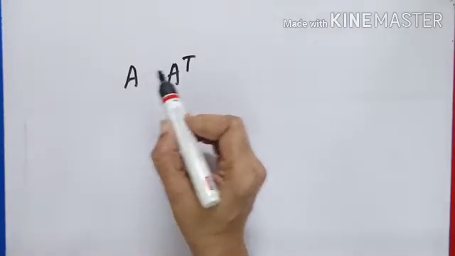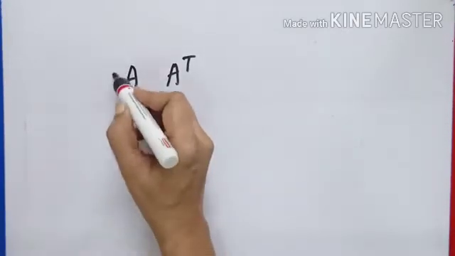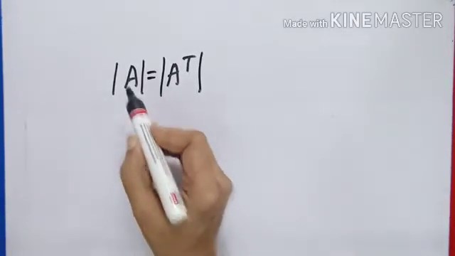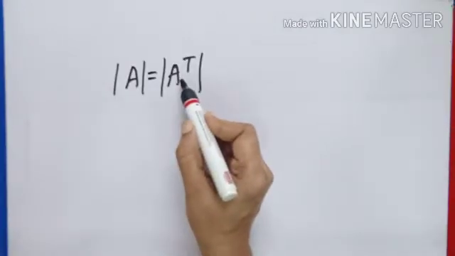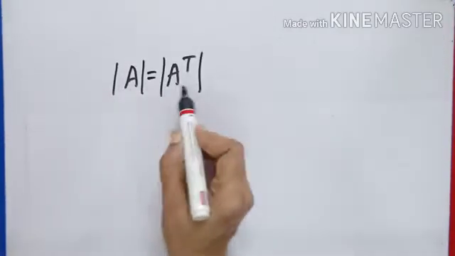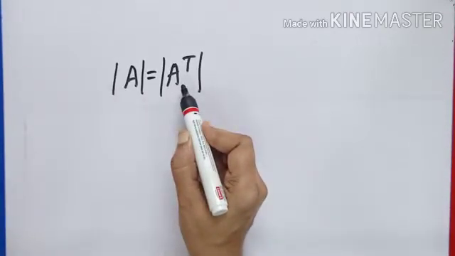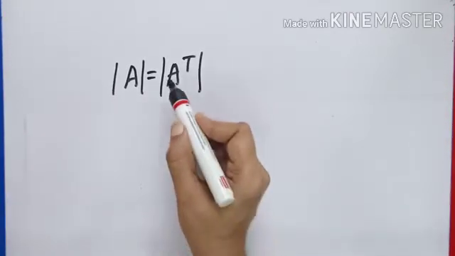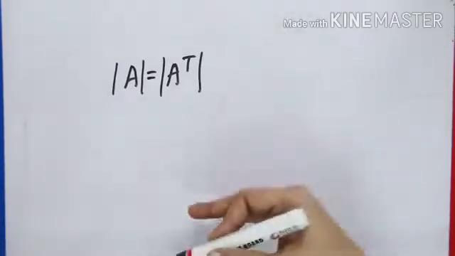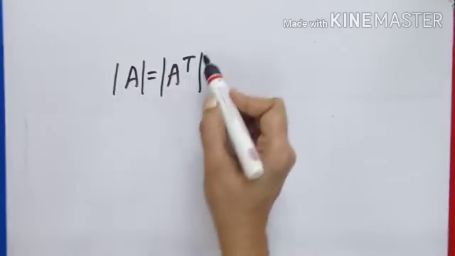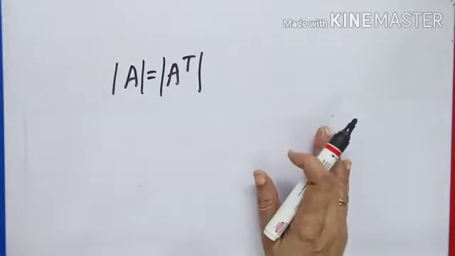Matrix A and matrix A transpose have the same determinant. Determinants of A and A transpose are equal. So this tells me if I interchange rows and columns of a matrix, the determinant value does not change.